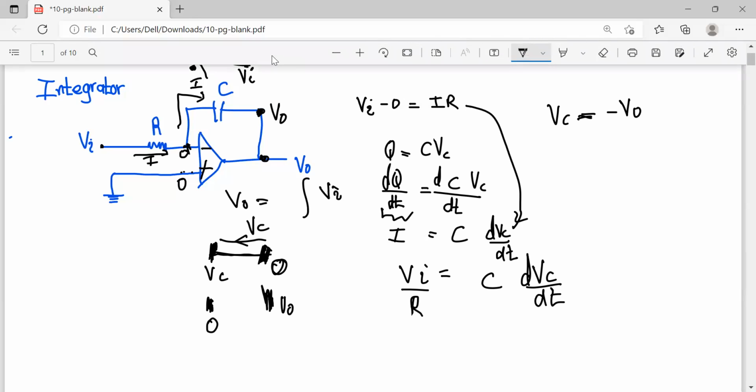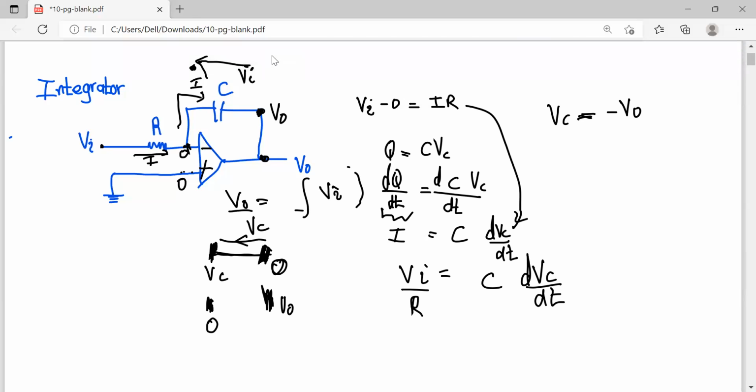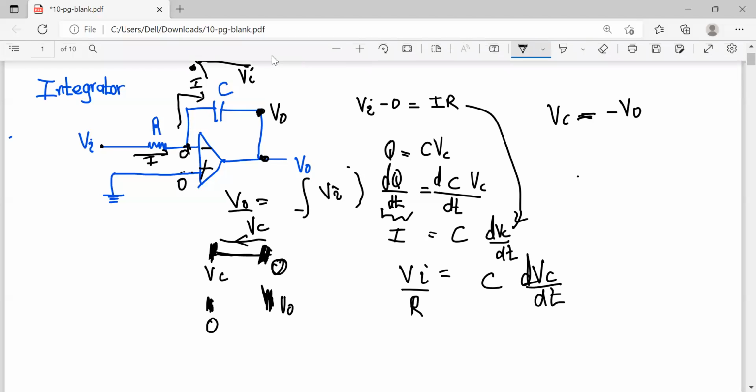So we need to show it in this format. When we are providing input, it should integrate that input and show it as an output. So what we can do is integrate both sides so that you can directly get rid of this d and you can get an integration function for Vi. So let's do it at first.